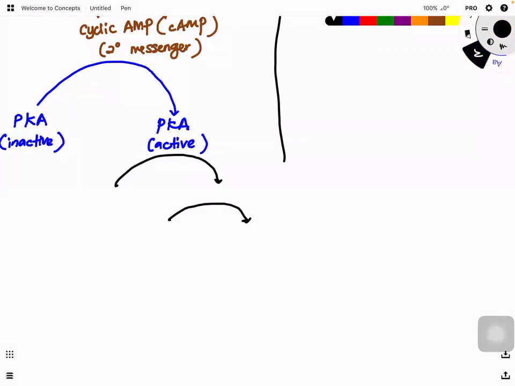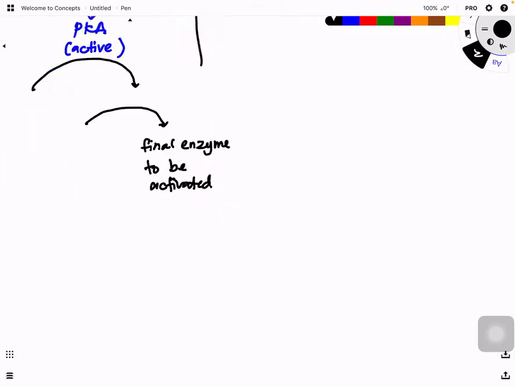Then this active PKA continues to activate another enzyme, until we get the final enzyme to be activated. When this final enzyme becomes activated, we can see that we get the effect. This effect is also termed the cellular response.